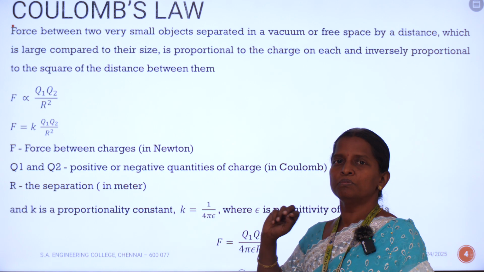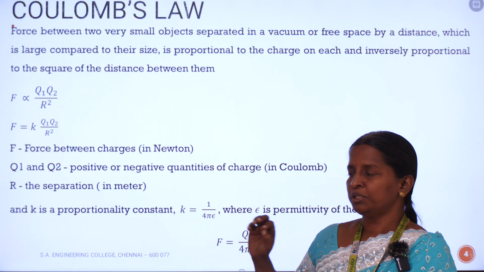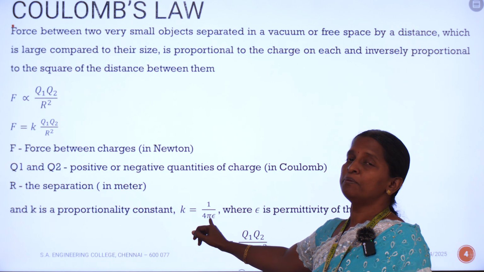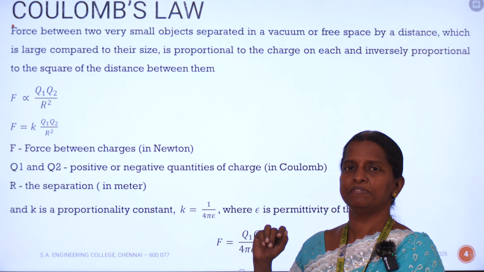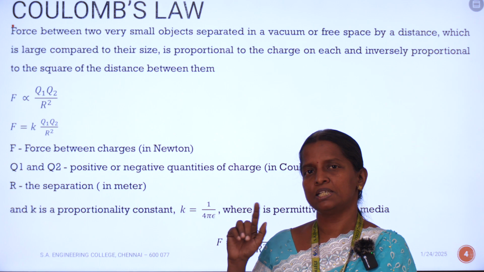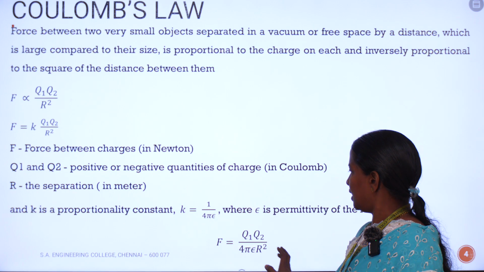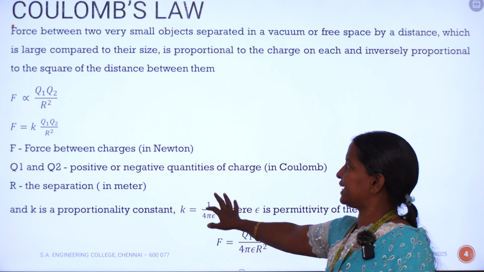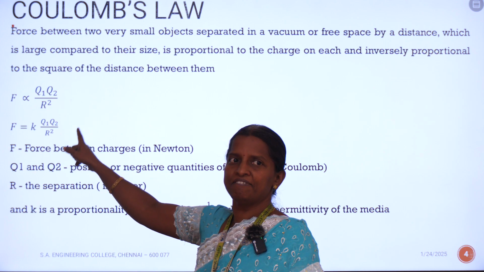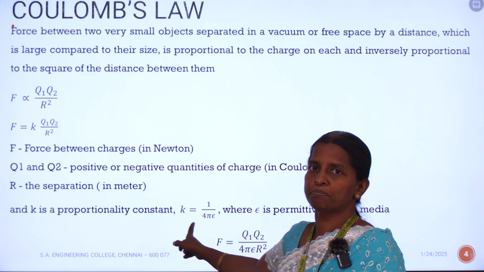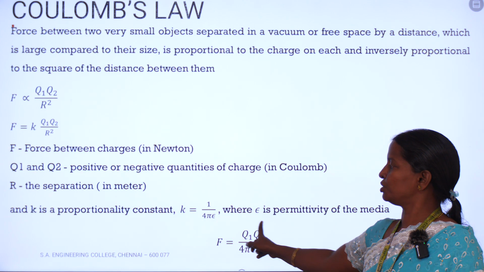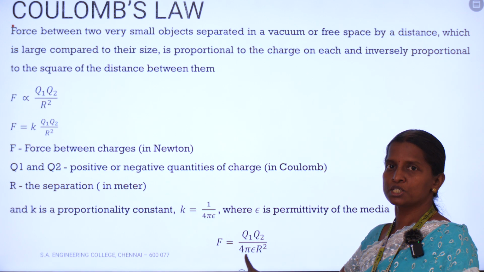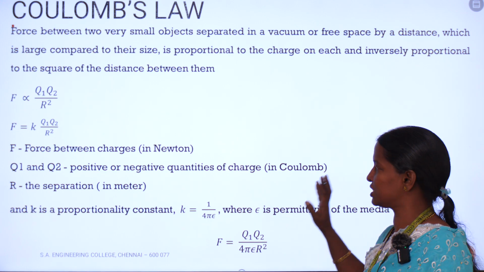We know very well what epsilon is: the permittivity of the media. So introducing the K value, we get F is equal to Q1 Q2 divided by 4 pi epsilon R square. This is the magnitude of the force between the two charges.